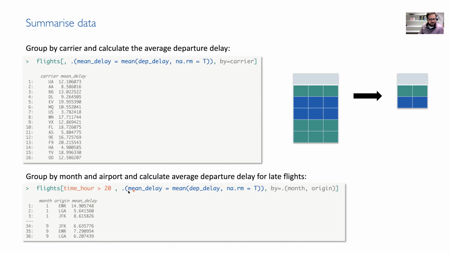And now for every combination of month and airport, we get a value for the average delay here at the bottom. For example, in January, the Newark airport had an average delay of 14 minutes. And JFK was doing much better.